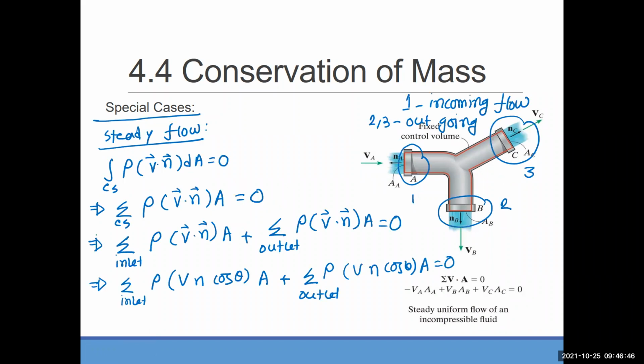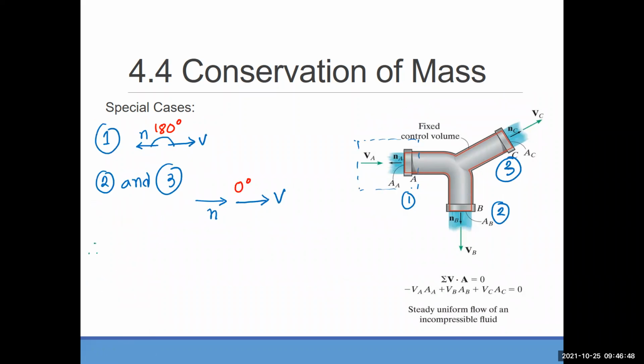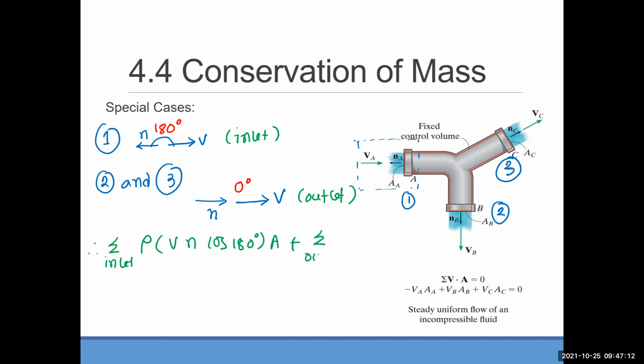I need to check that Vn cos theta A. For inlet, this one is inlet, this one is outlet. So you told me that for inlet, the angle is 180? Plus rho V n cosine 0 A equals 0.